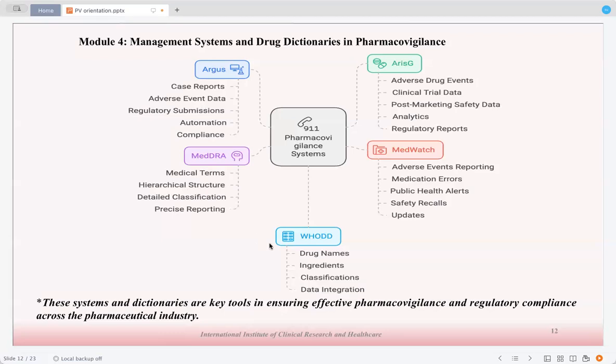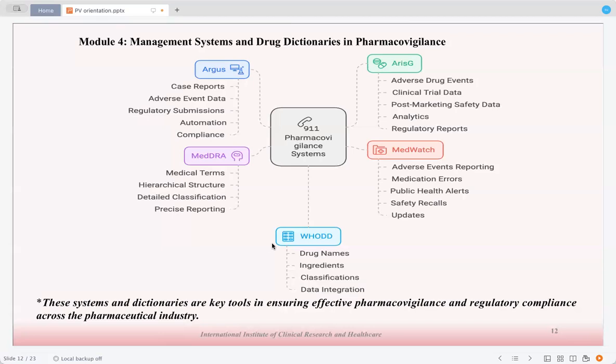Next is the WHO-DD, the World Health Organization's Drug Dictionary. It's a comprehensive database. It provides standardized coding for drug names, the ingredients used in the drug, and their classification. It's widely used in pharmacovigilance and regulatory reporting.